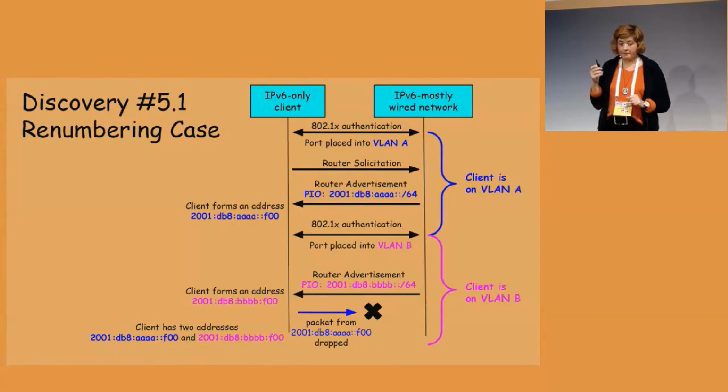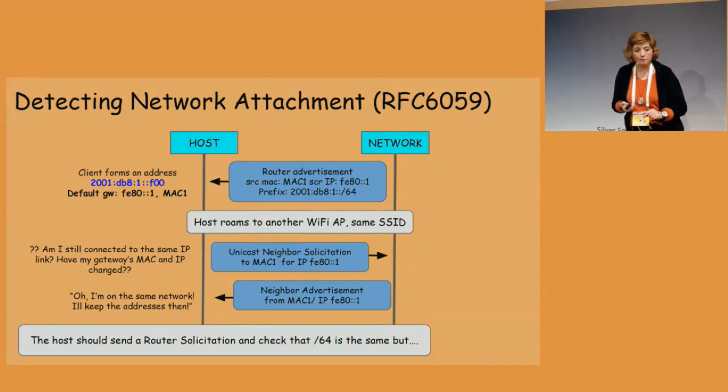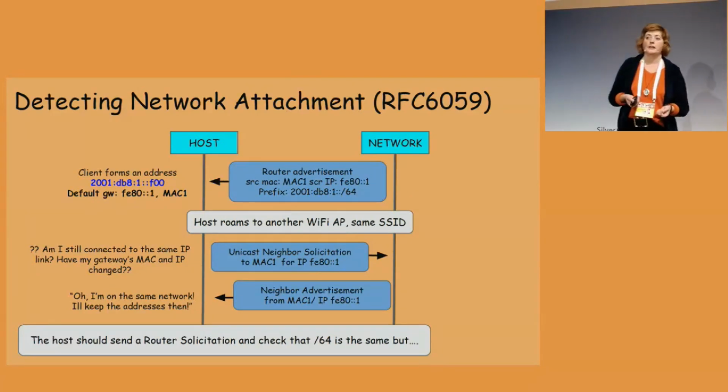However, there is a solution for this. Again, this is a case which we never noticed until we got IPv4 off. There is an RFC for detecting network attachment, which says that if your device disconnects and reconnects, for example on a Wi-Fi network with layer 2 roaming, devices try to do the right thing. Am I still on the same network?